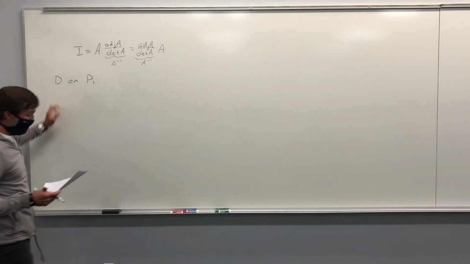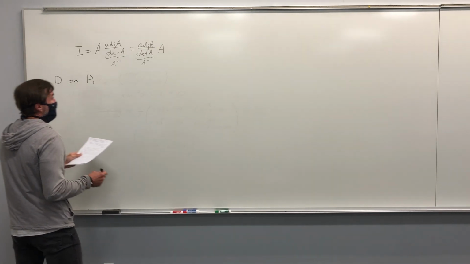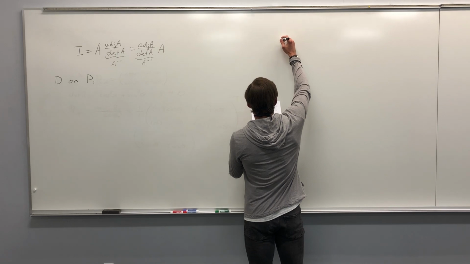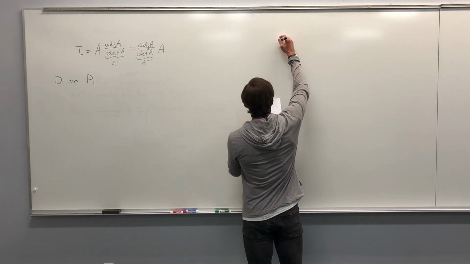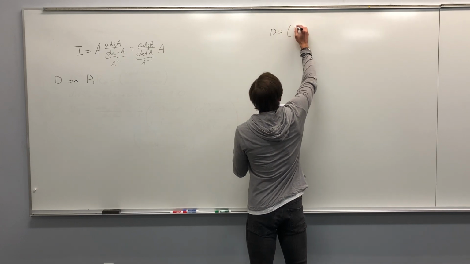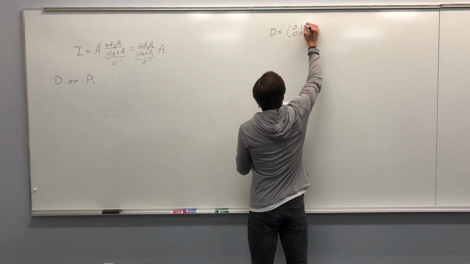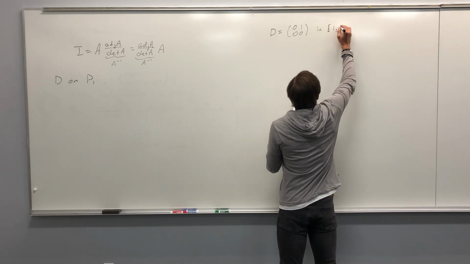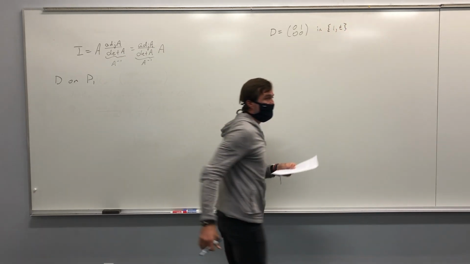Okay? And also recall, and these will be useful later on, so I'll write them up here, the actual expressions for D. So we have that D takes the value 0, 1, 0, 0 in the basis 1, t.